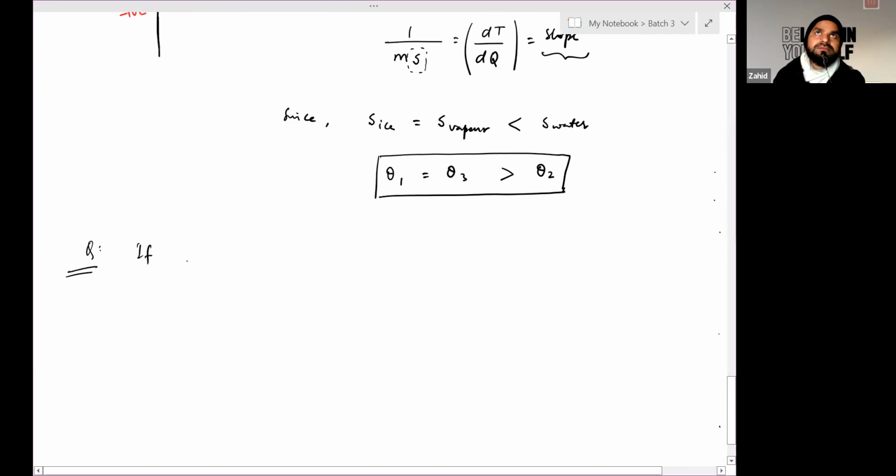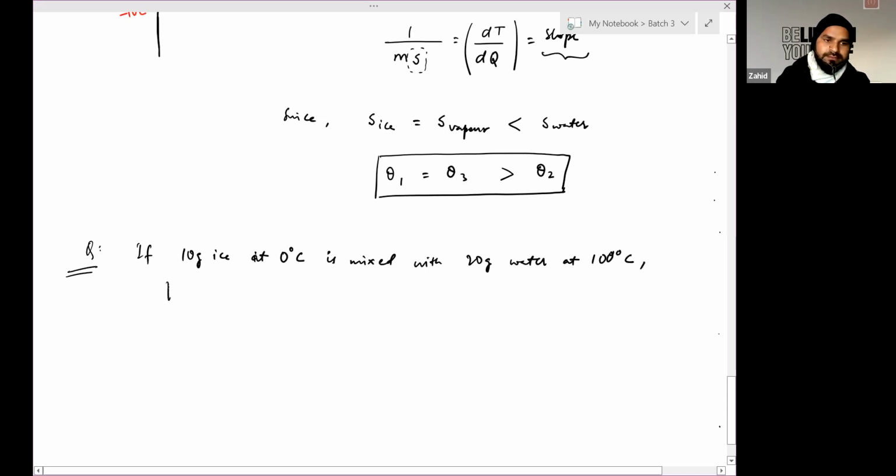If 10 gram ice at 0 degrees Celsius is mixed with 20 gram water at 100 degrees Celsius, find their resulting temperature.